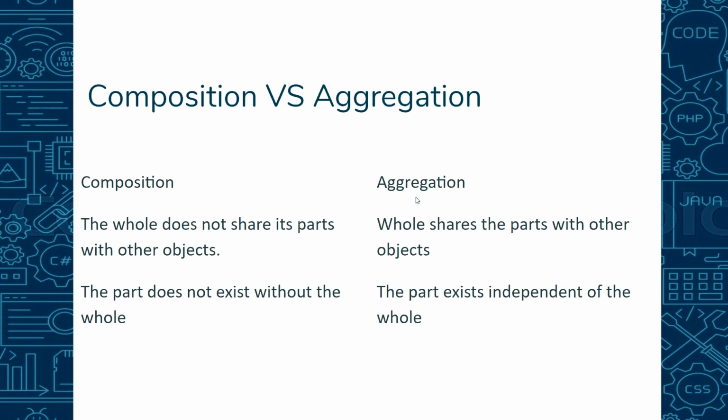So it kind of depends on whether you need the part to function independently, or do you need the part to just function as part of the whole? That would be composition. If it needs to function independently, it would be aggregation. Let me give you a good example, because these two really confuse me too, because they're super similar. Take a Tetris game.